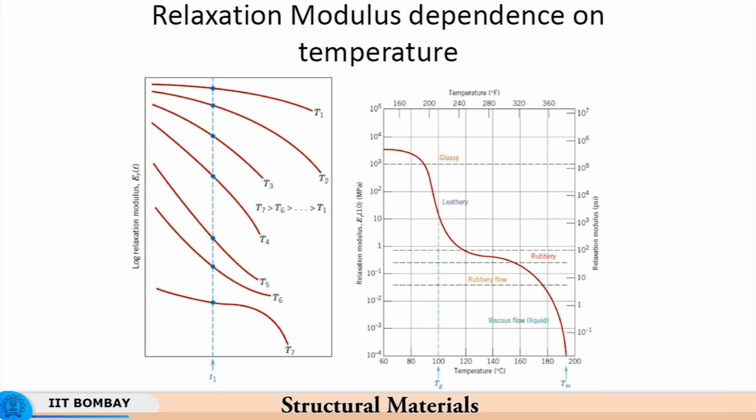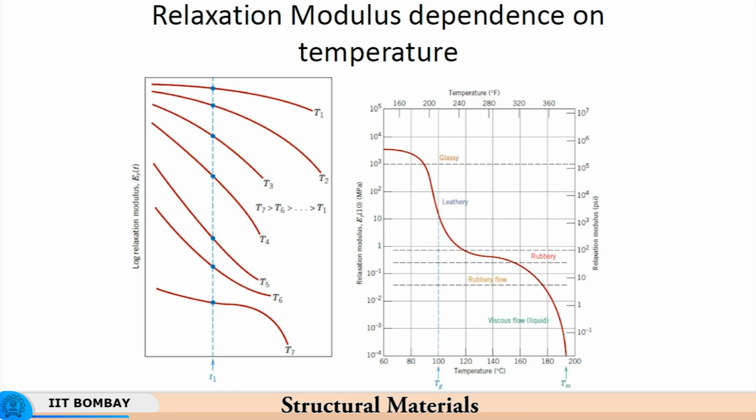So it behaves like any metal where Hooke's law is followed. The elastic stress and elastic strain are proportional to each other, and the elastic strain of course is always fully recoverable.